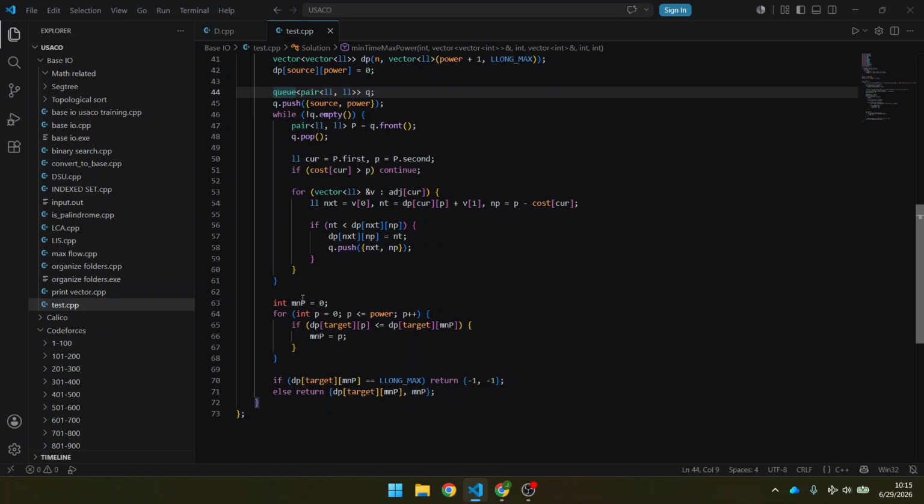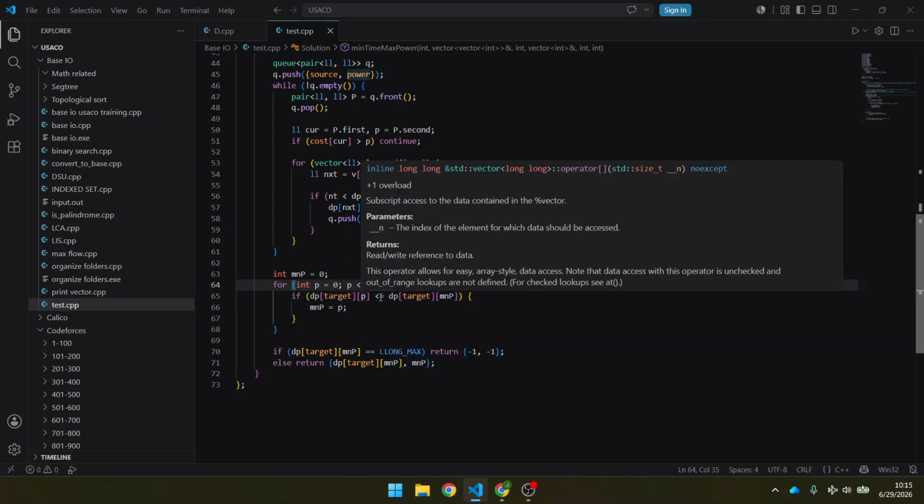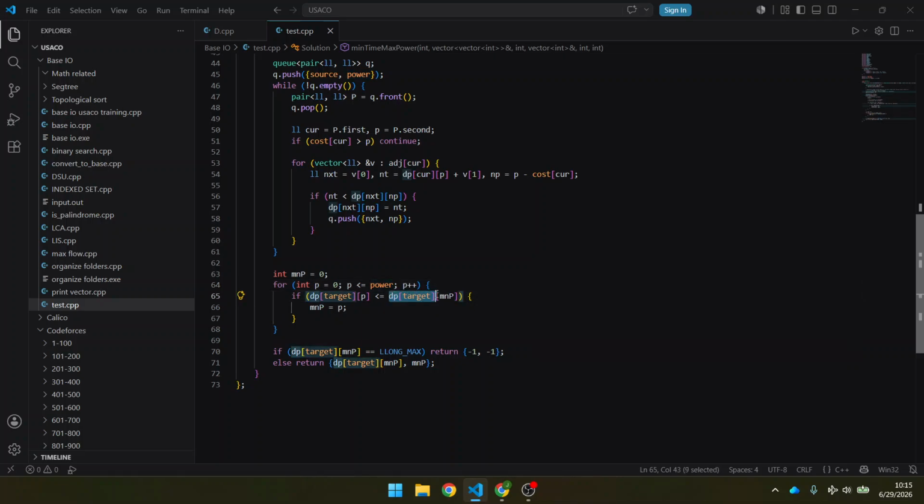And then here we can just find the minimum. So I just put a min power to mean the power to max power to reach the minimum time. So we iterate through all of the possible powers. If dp[target][current power] is less than or equal to the previous minimum, then we can just update the previous minimum power to the current power.